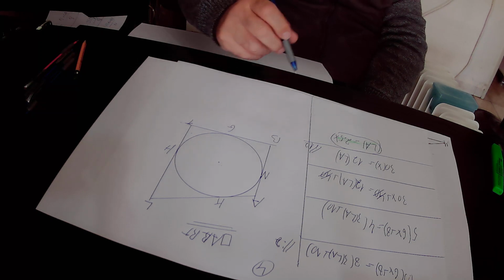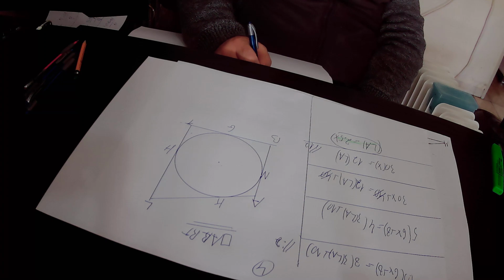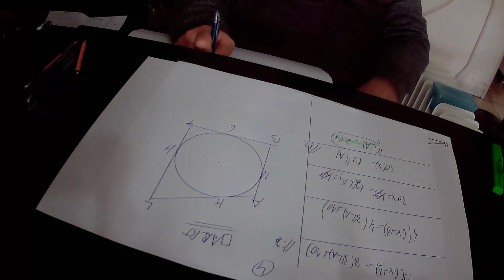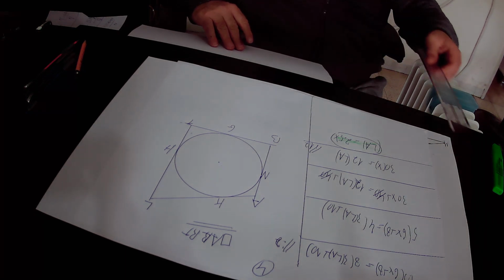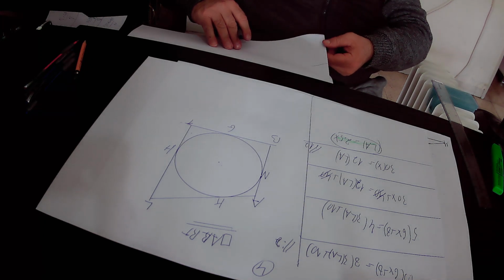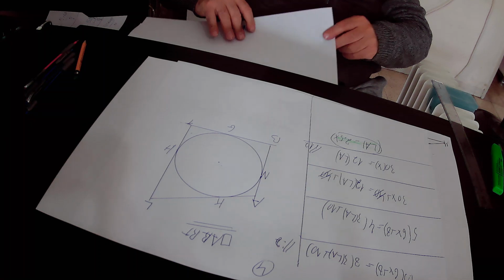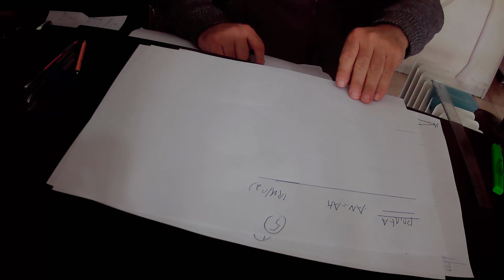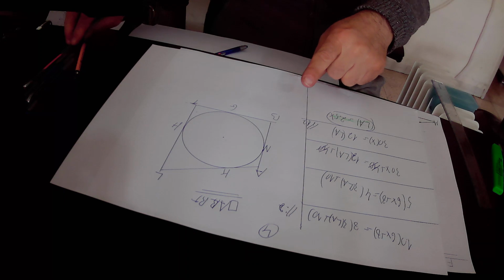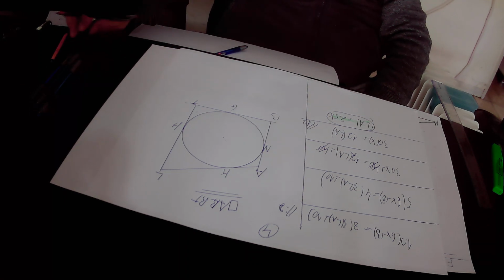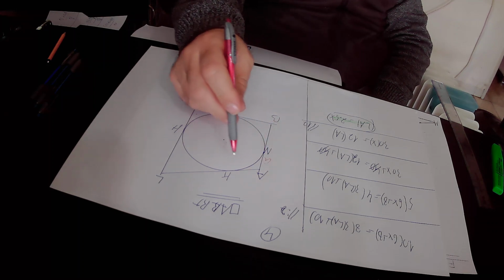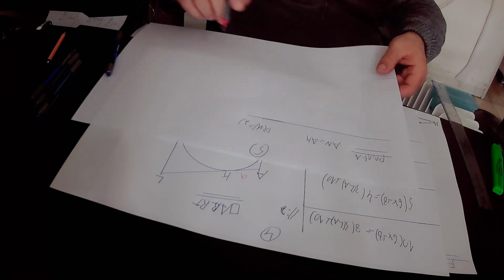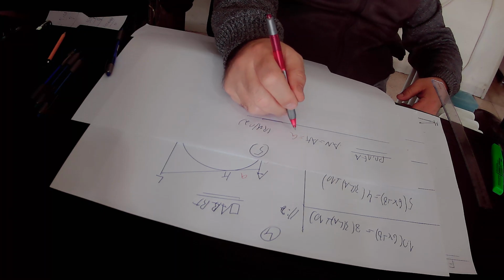That is to say, AN equals AK. So if we define the length of tangent AN as A, then the length of tangent AK must also be A because they are equal. In conclusion, AN equals AK equals A.